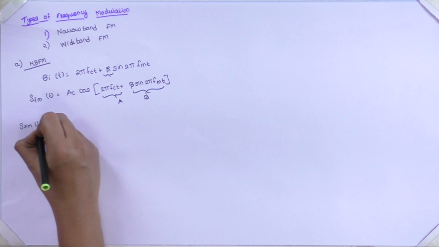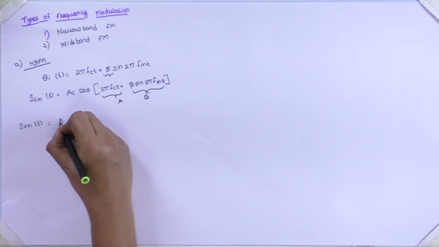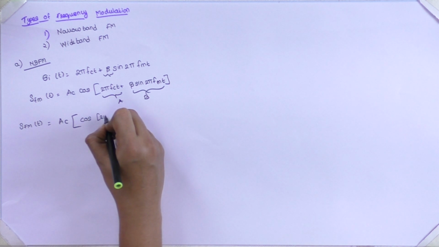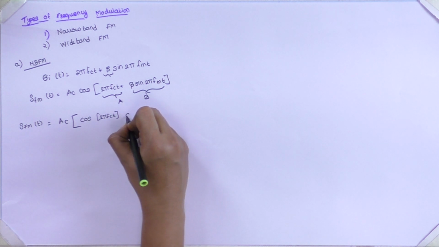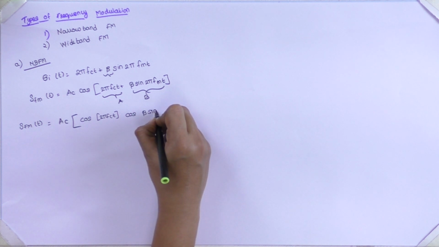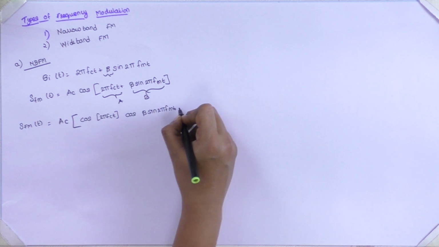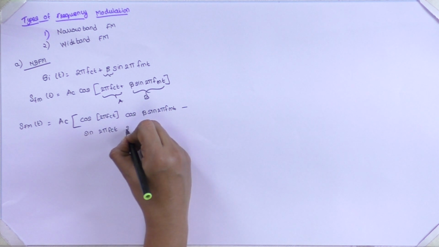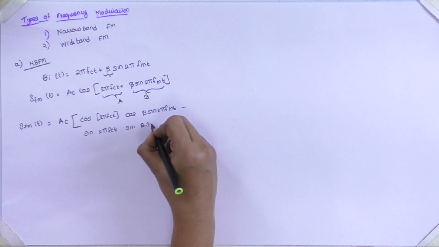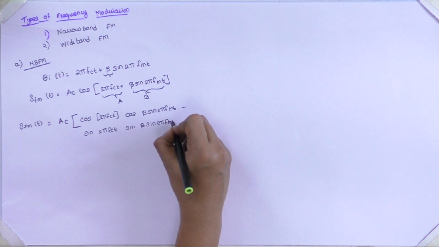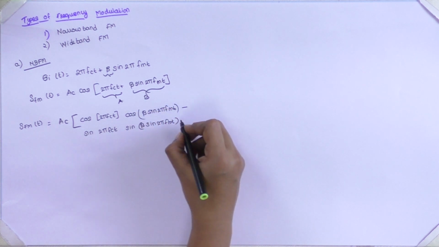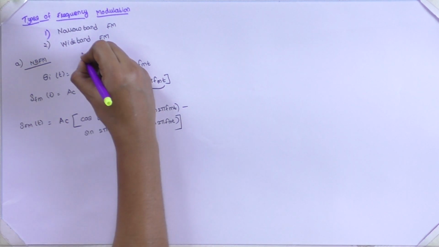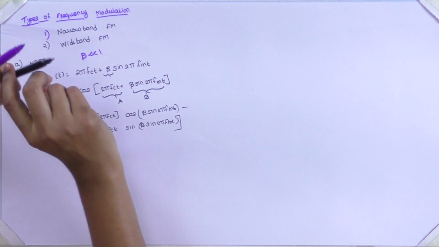Therefore, fm of t is equal to Ac, since this is a constant factor we can take it outside, times cos 2 pi fc t cos of beta sin 2 pi fm t minus sin 2 pi fc t sin of beta sin 2 pi fm t. Since we have taken a narrowband modulated wave, our beta will be less than 1.